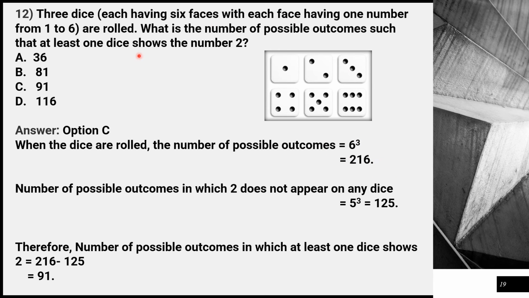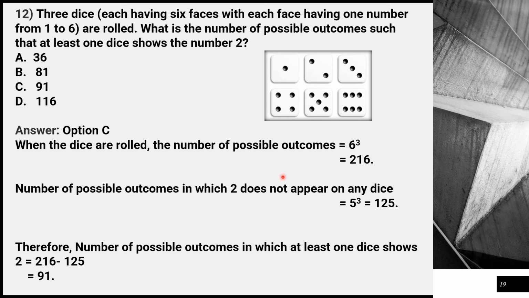Here they are asking that at least one dice shows the number 2, that is greater than or equal to 1 two, right? So at first we'll use the backtracking method, because finding the outcomes of 2 directly becomes difficult. At first we'll find the outcomes where 2 does not appear, and then we'll find the appearance of 2.